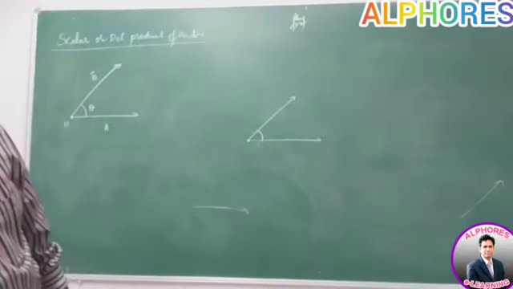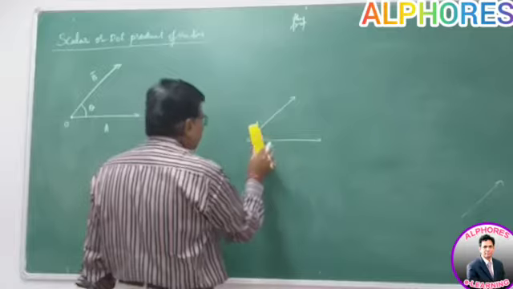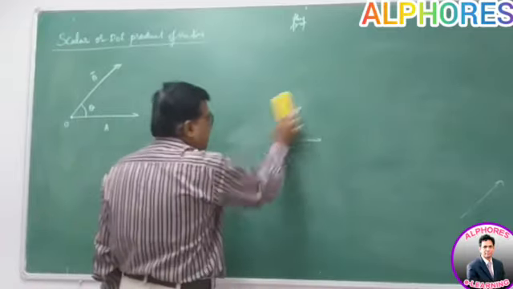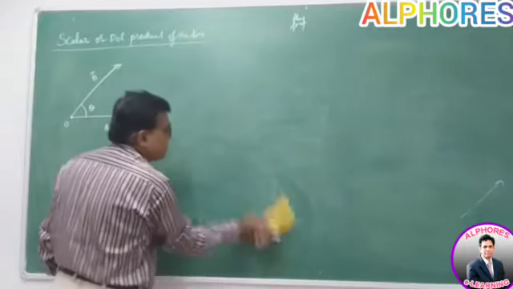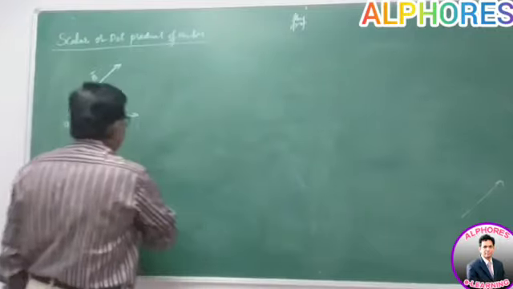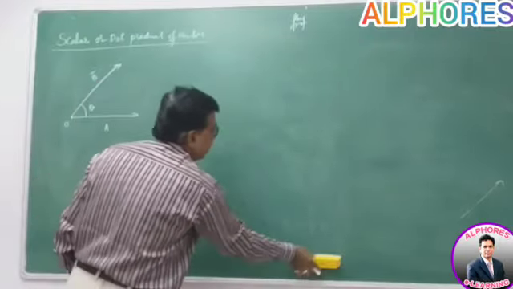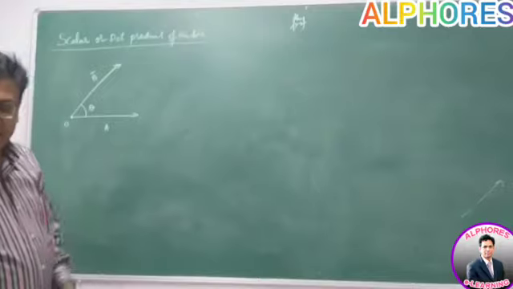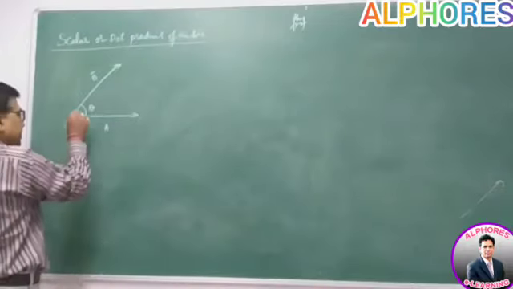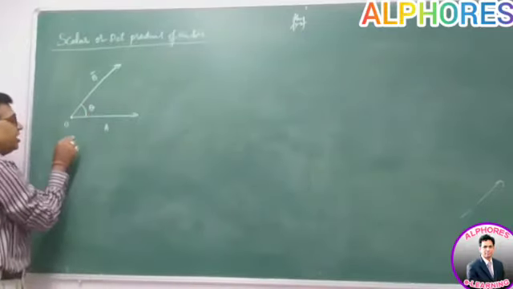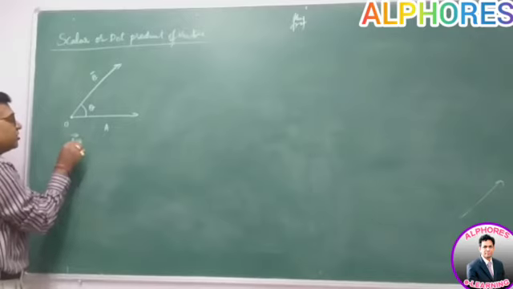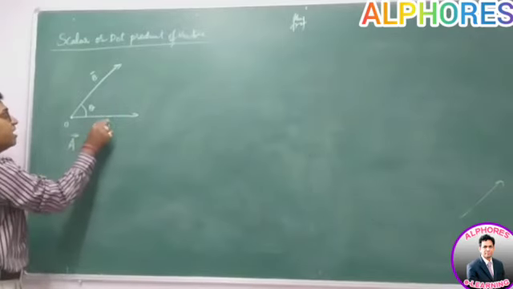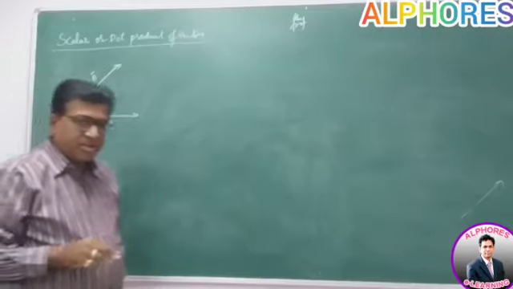When I represent them as co-initial vectors, that represents the angle between the vectors a bar and b bar. Then if I take up the dot product of two vectors, a bar and b bar, then what is a bar dot b bar?